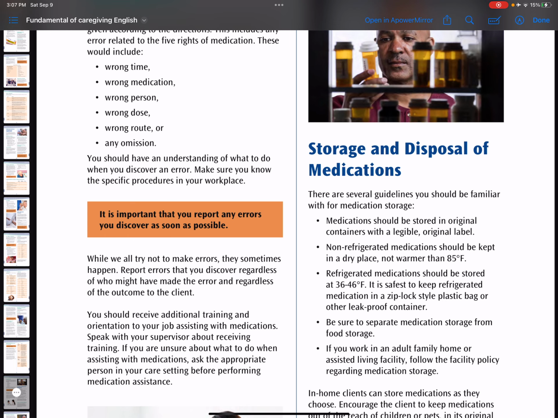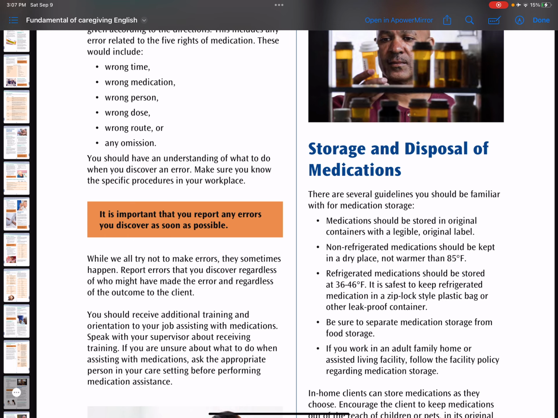Then how do we dispose of medication? We dispose of medications when the medication is discontinued or recalled or expired. We have to dispose of it. So usually we have to follow the employer's policy and procedure on proper medication destruction. And usually when you dispose of a controlled substance, you need to have a witness to make sure you did it.